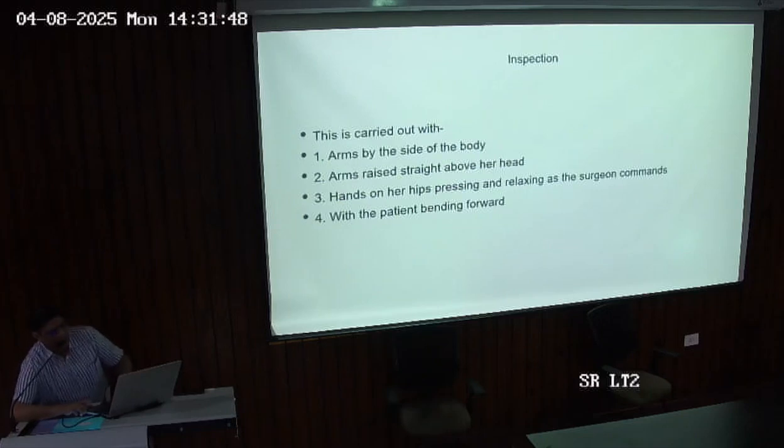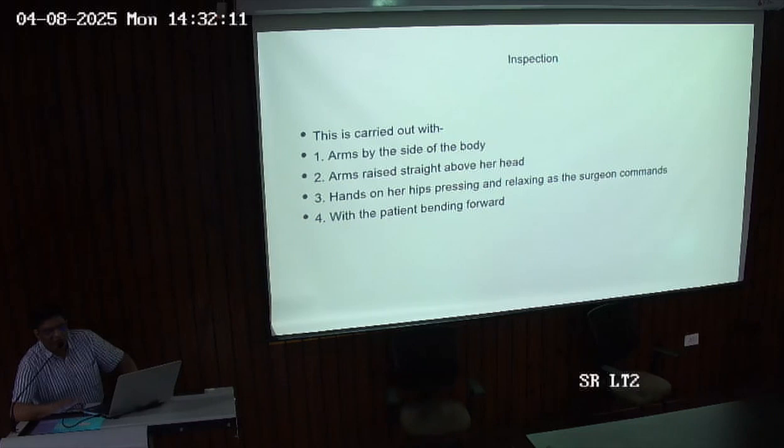Now this is carried out with arms by the side of the body, arms raised straight above the head, hands on the hips pressing and relaxing as the surgeon commands, and with the patient bending forward. Why arms by the side of the body? Because in this manner we can see the symmetry of both breasts.